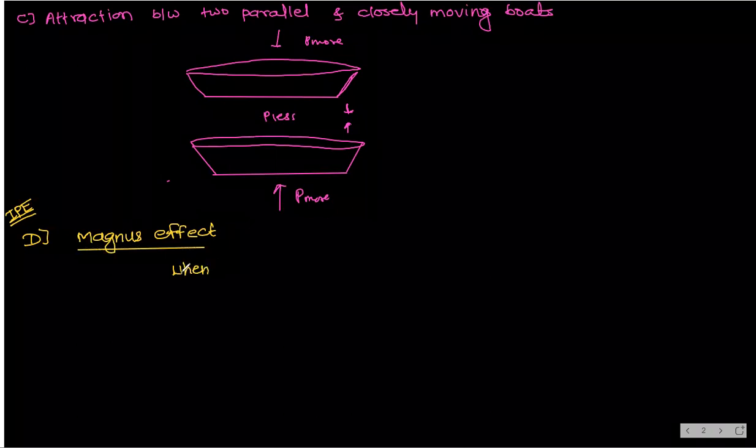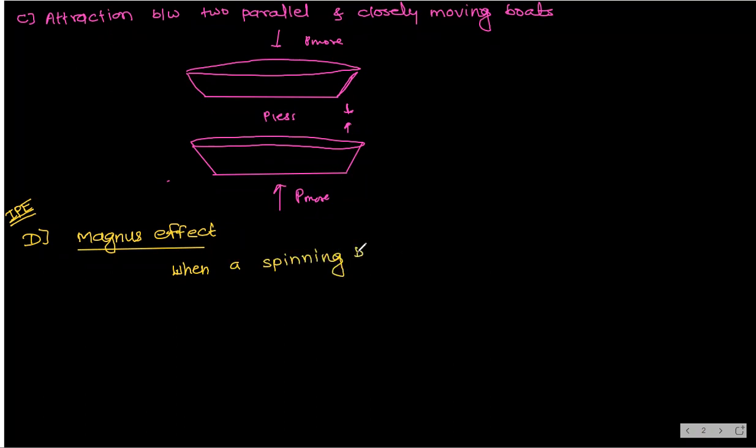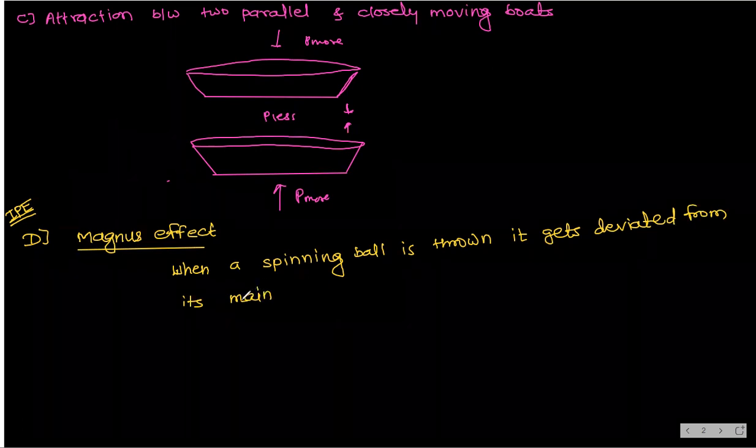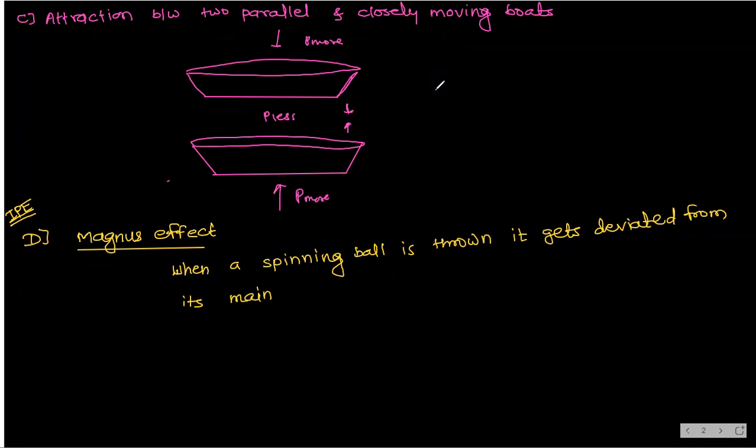When a spinning ball is thrown, it gets deviated from its main path, or we can say its usual path.